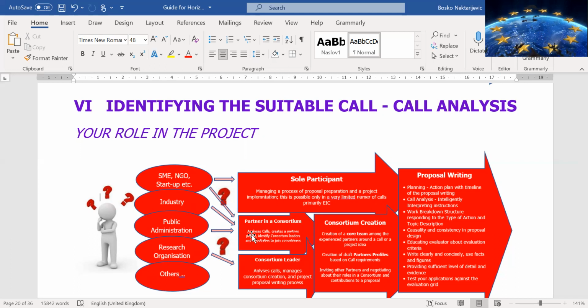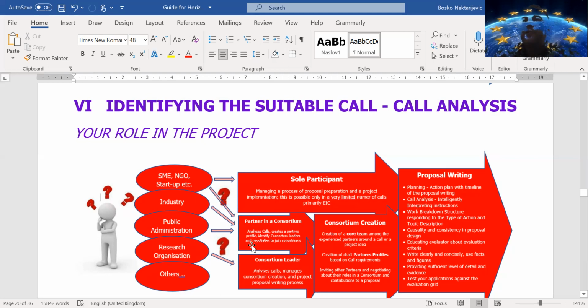Research organizations, of course. And so you fundamentally have 3 different pathways. One would be as a sole participant, meaning that there would be only one organization in the project, leading and implementing the project, or as a partner in a consortium, or a consortium leader.